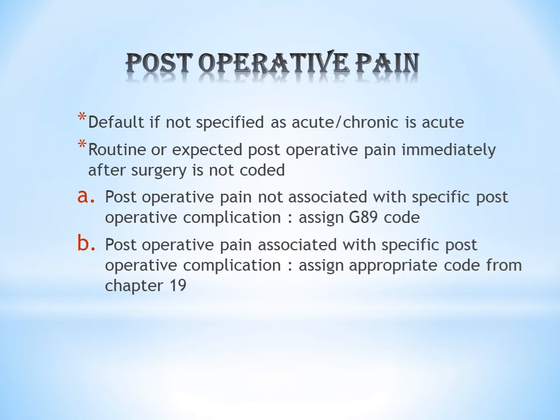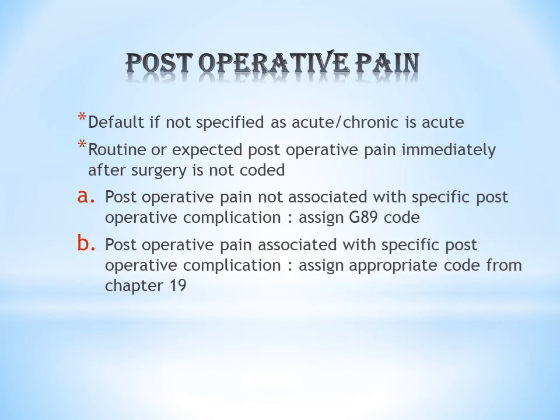First one, postoperative pain not associated with a specific postoperative complication. There is no specific postoperative complication, like the patient experiences unknown pain after surgery. If such conditions are there, you can give the code for postoperative pain, G89 series. Then the second one is postoperative pain associated with a specific postoperative complication.